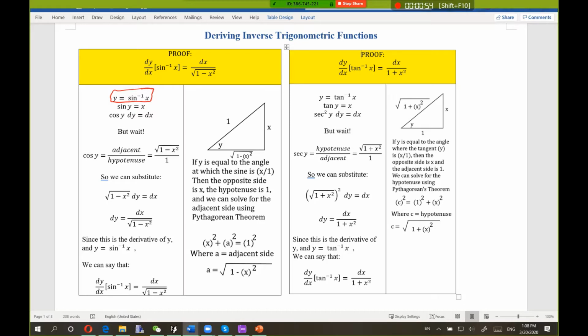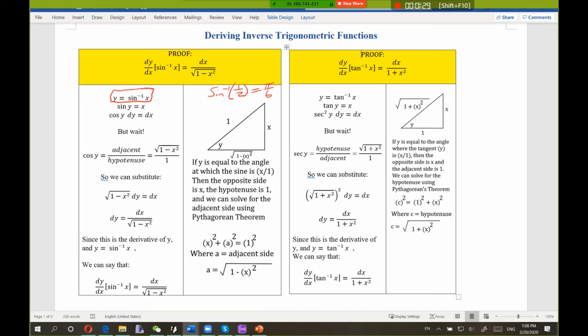By definition of an inverse function, if I take the inverse sine of 1/2, what I'm really asking is what angle would I have to take the sine of in order to get 1/2? So in this case, an answer could be pi/6, because the sine of pi/6 is 1/2.